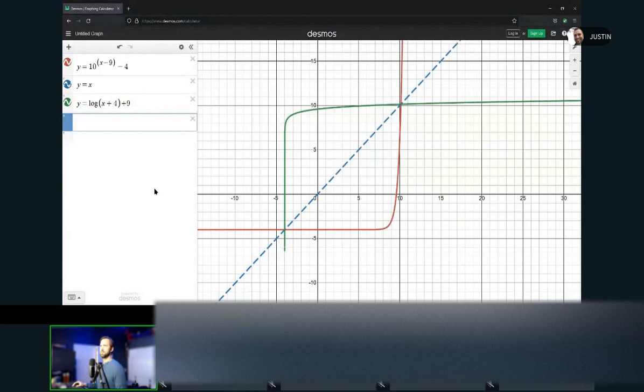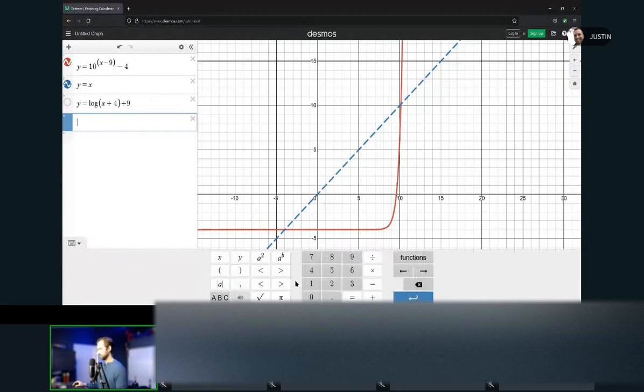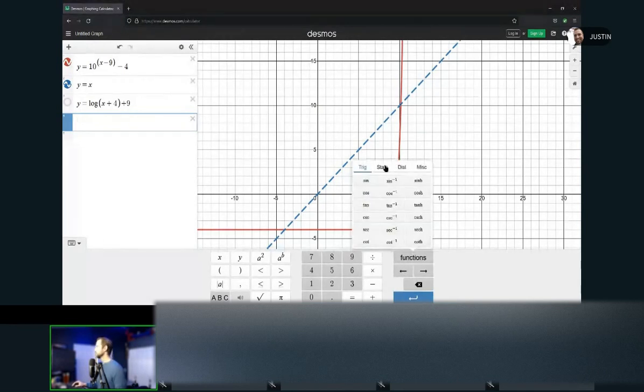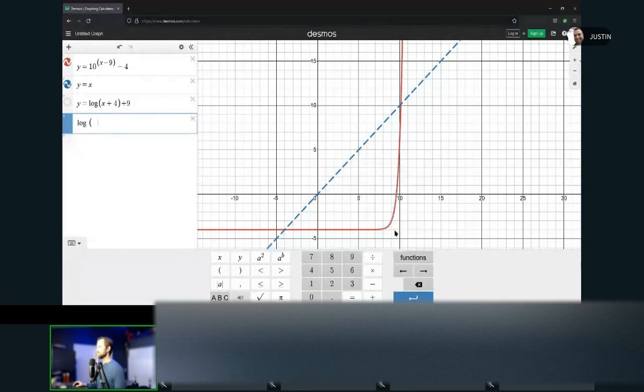Let me hide this. I think you have to bring up the calculator here, then functions, and then miscellaneous. If you notice, we have this log base A. If I click this, now I can enter the base being a 10.